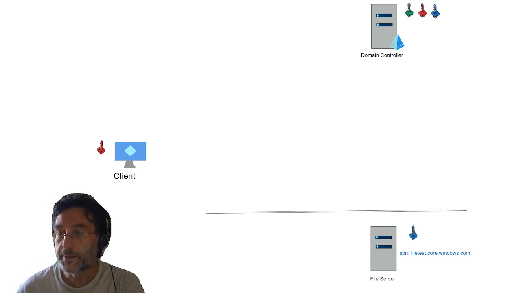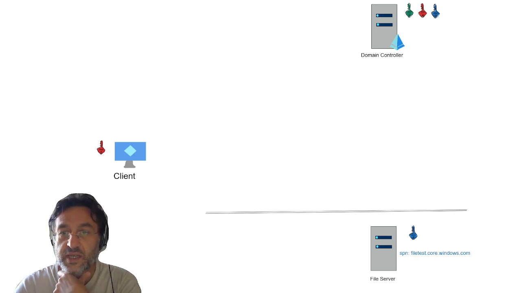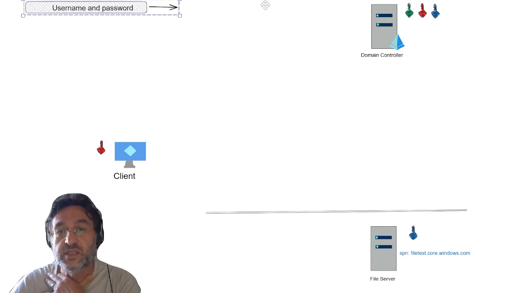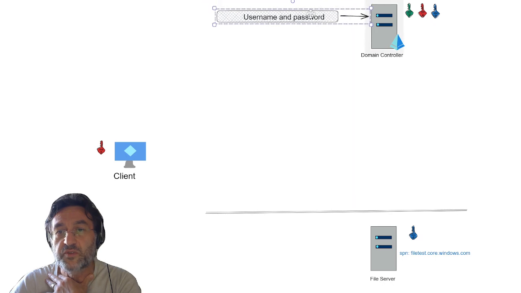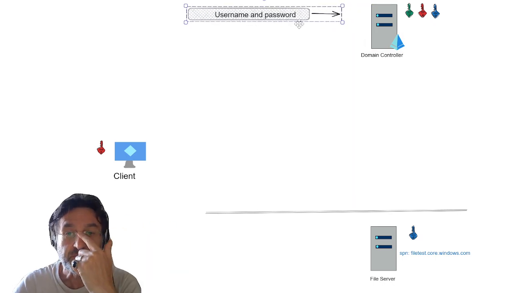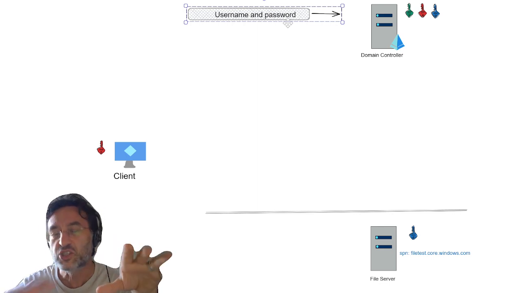We see how the client connects to the domain controller, picks the ticket, and then can authenticate against the Azure file. The first step the client does is try to authenticate against the domain controller. First, it sends the username and password to the domain controller in some encrypted way.